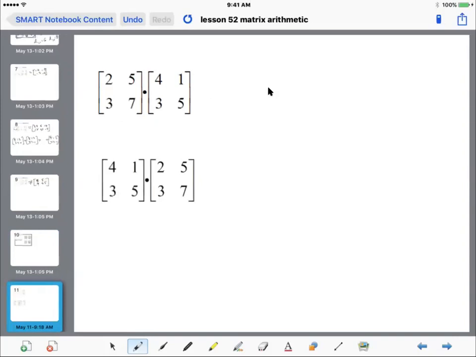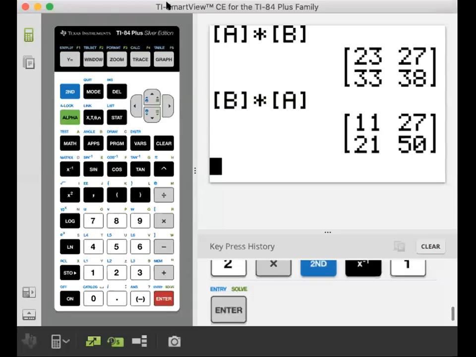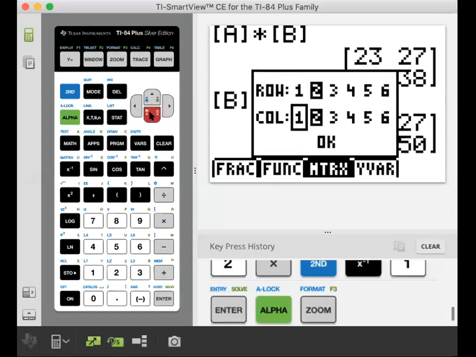The way this works is, first of all, these matrices happen to be the same dimension, but I should let you know that if I were to come over here, back to the graphing calculator, and I take a 2x3 matrix, alpha, zoom, here's a 2x3 matrix.